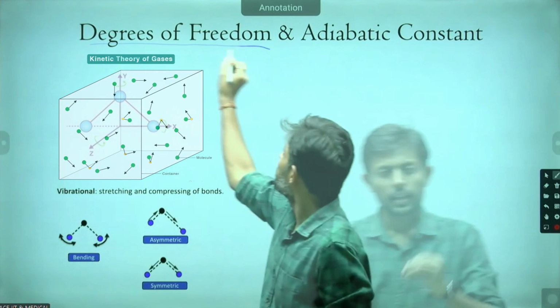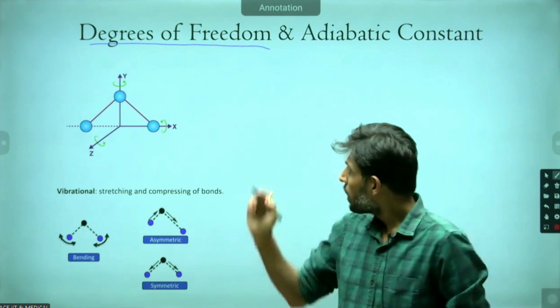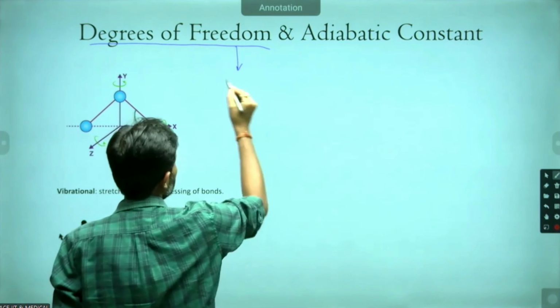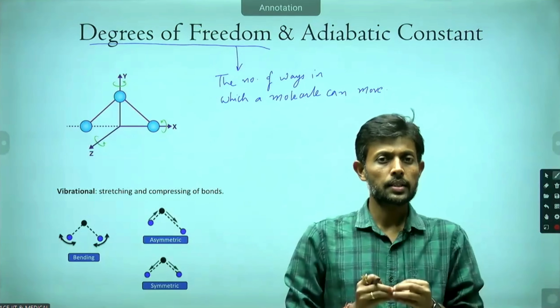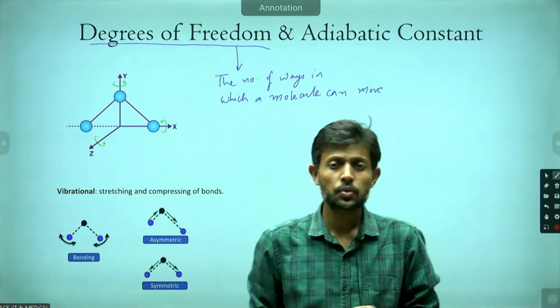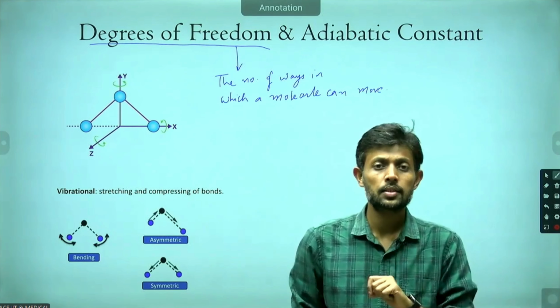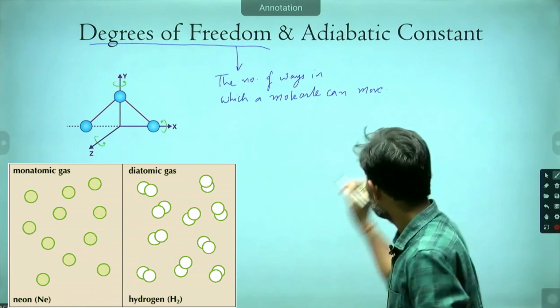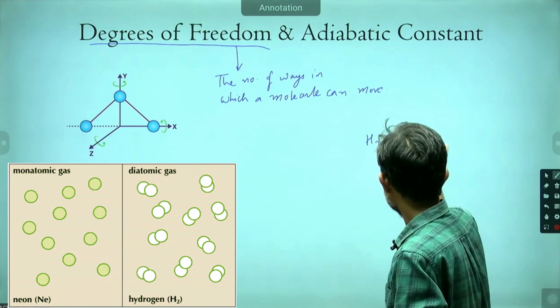Degrees of freedom simply means the number of ways in which a molecule can move. When we talk about gases, we have different types of gases. We have monoatomic gases like helium. We have diatomic gases like hydrogen and oxygen, H2 and O2.